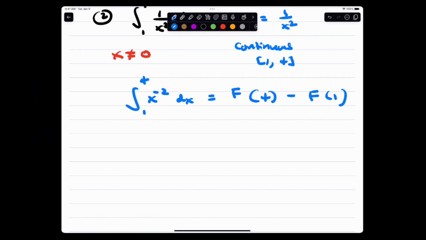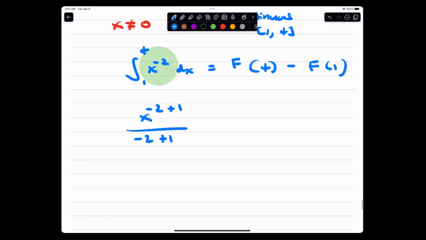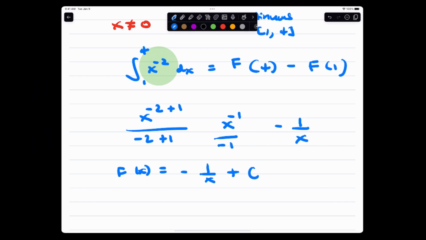But you need the antiderivative. Now, what is the antiderivative of x to the minus 2? Well, you simply use the power rule again. And that's x to the minus 1 over minus 1, or minus 1 over x. This is the antiderivative, right? And yes, again, if you are still getting up to speed, it's negative 1 over x plus c.